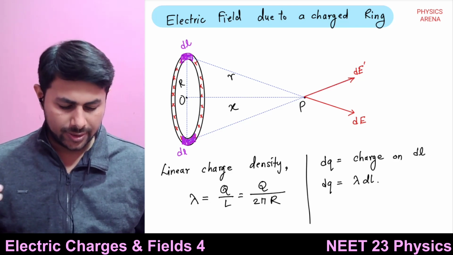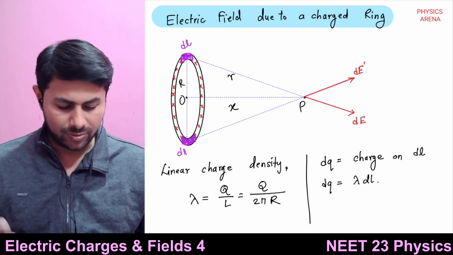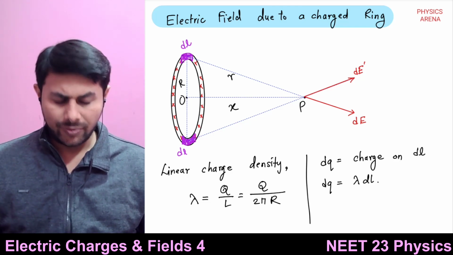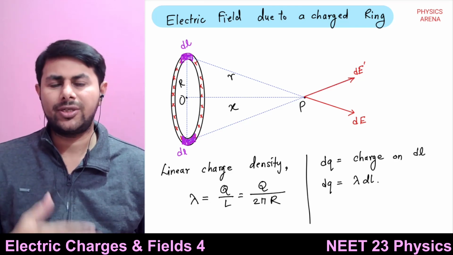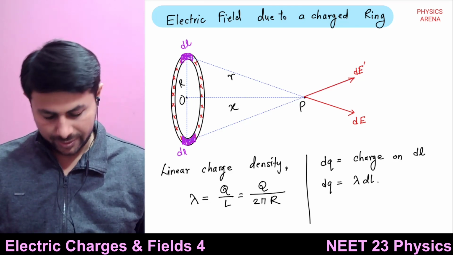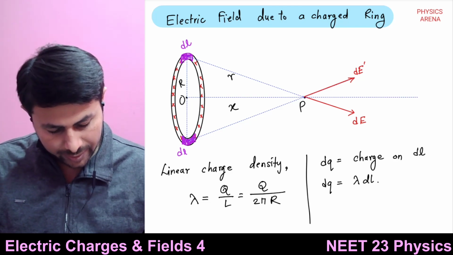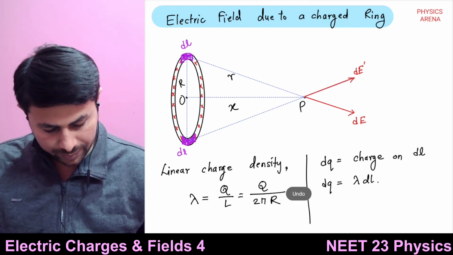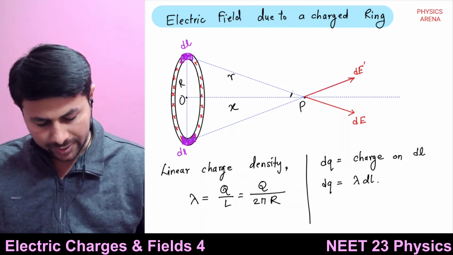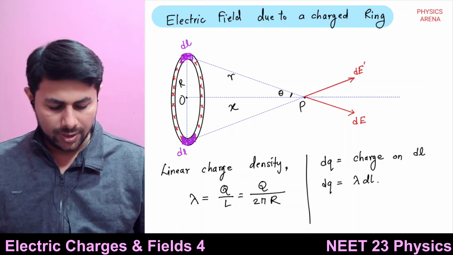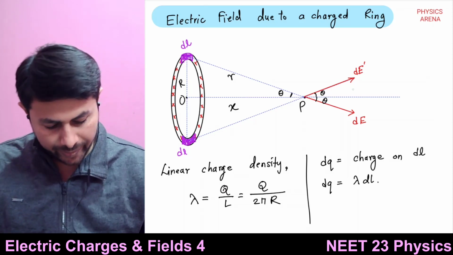Then we can resolve them into two perpendicular components. We can see the vertical components will get cancelled out and the horizontal components will get added up. Suppose this angle is theta, and this angle would also be theta, right?